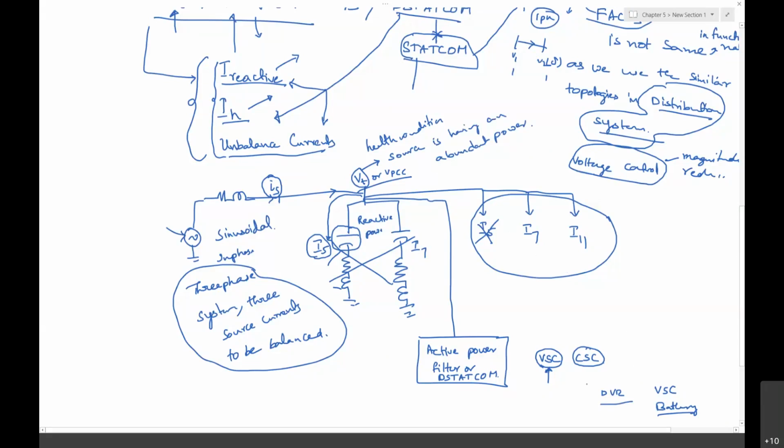So in that case, we can use a capacitor instead of a battery, or instead of a standby connection.